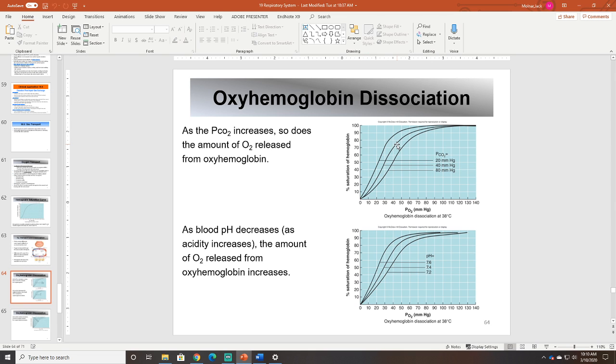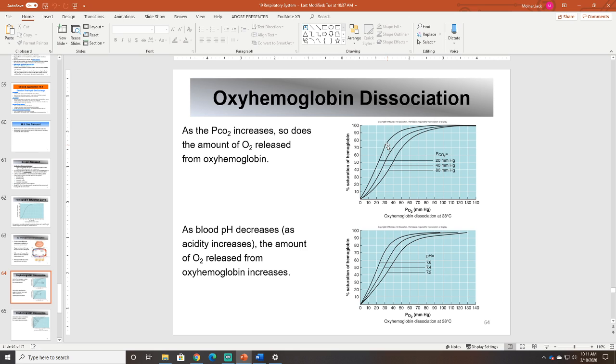binding. Now, what if we decrease the partial pressure of CO2? What if we have less CO2 in the blood? Well, we're going to shift the curve left, and so we can look again. At 75% oxygen binding, that's going to occur at 30 millimeters mercury.